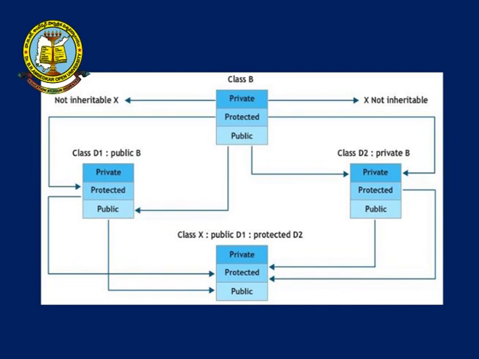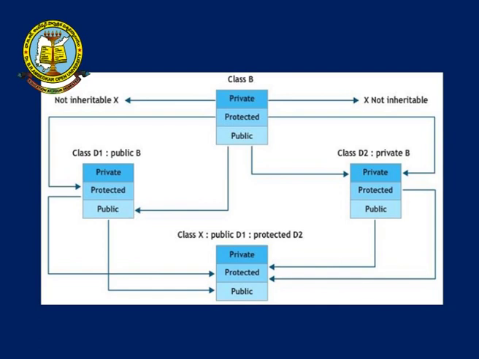Next, the class D1 also has the protected members. These protected members, because of the public derivation, will become the protected members in the class X. Next, the class X is also derived from another class named D2, but this derivation is a protected derivation.